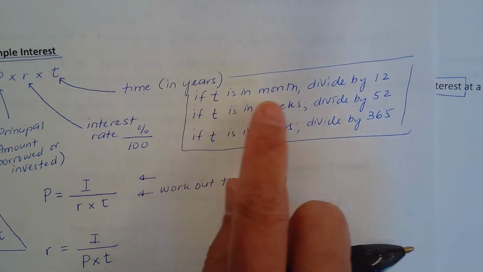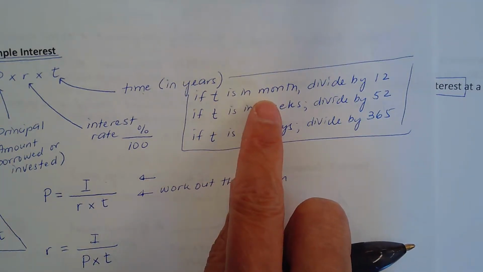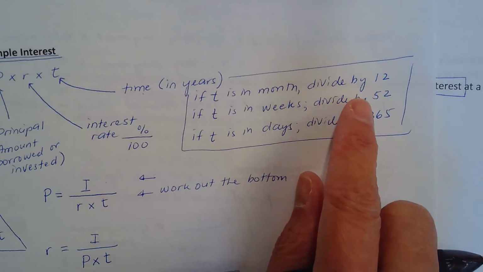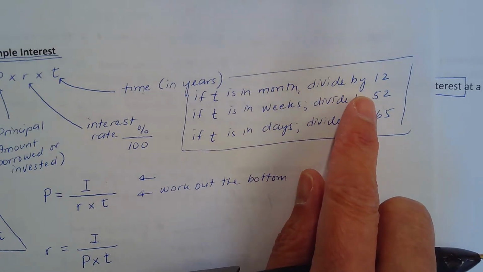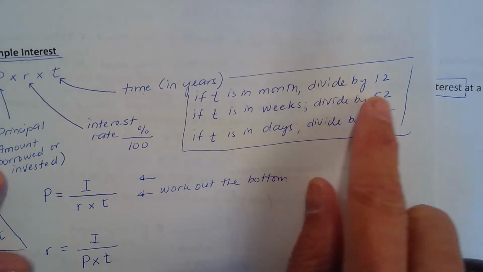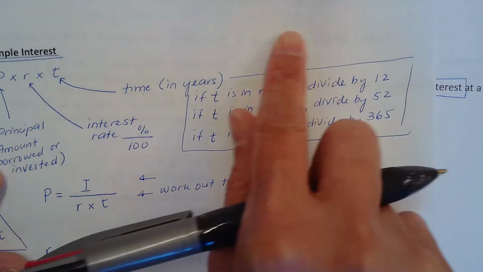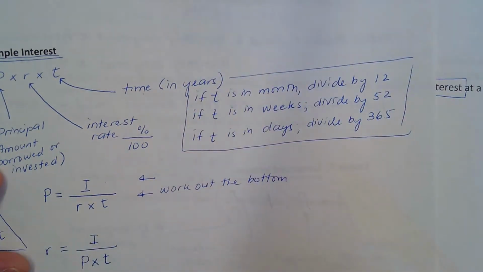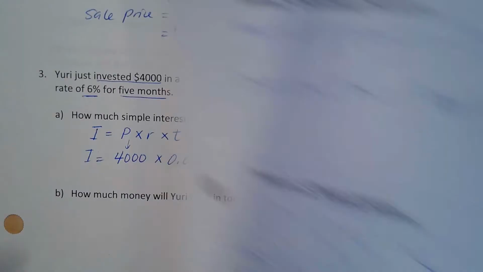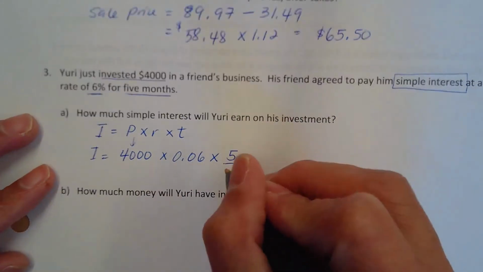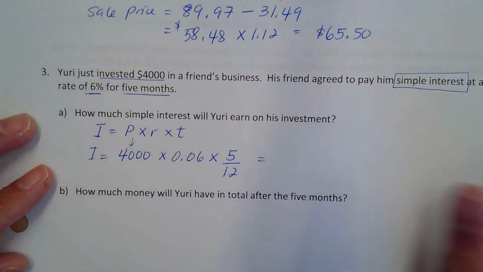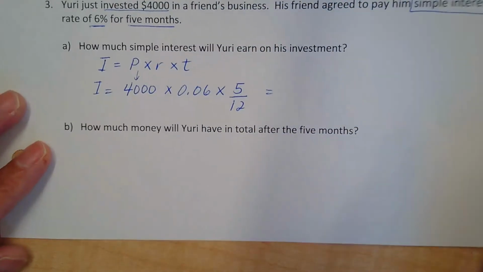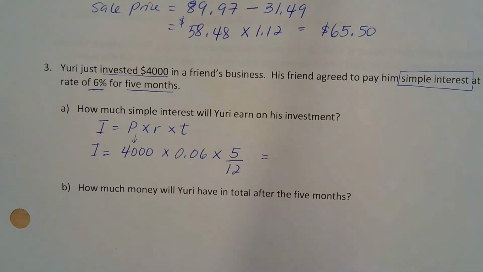If T is in months, we have to divide that number by 12. So this part here, I did mention, if T is in months, we divide it by 12. So let's calculate that piece and we're done with that one.